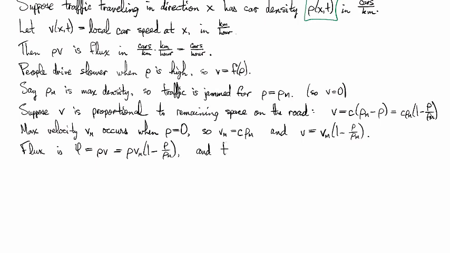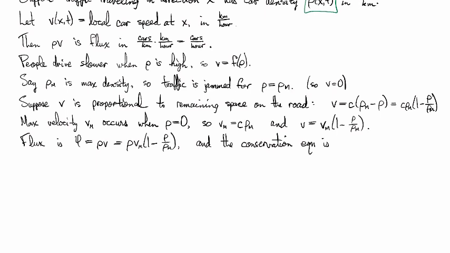And so the corresponding conservation equation is going to be the time derivative of rho plus the space derivative of flux equals 0.